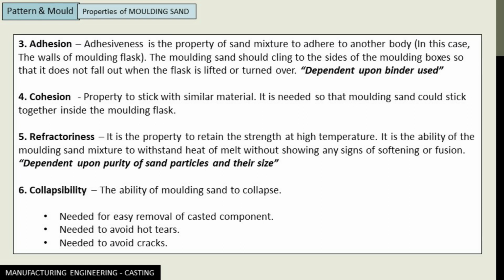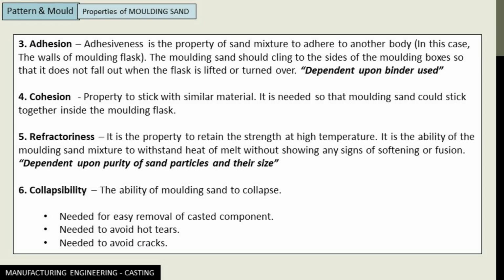And hence it is also dependent upon the type of binder used. Then we have cohesion. Cohesion is the property to stick with similar material. Sometimes in certain books, cohesion and strength are considered as the same entity.